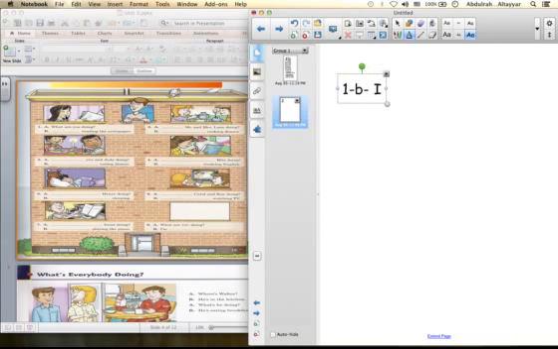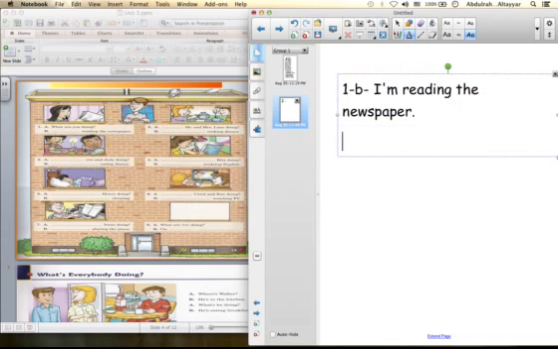So the answer will be, I'm reading the newspaper. Yes, excellent job. If you said the same thing, you just put I'm. This is the correct answer.